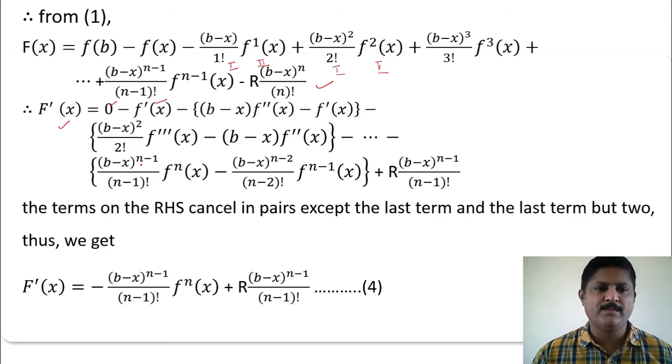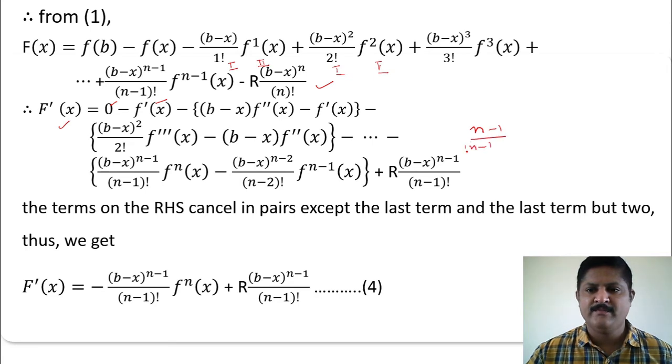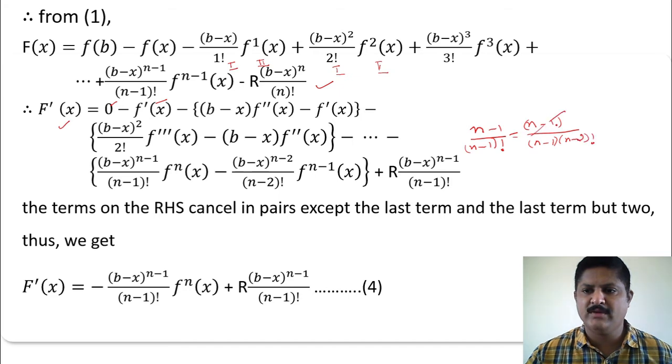Minus so on, minus the last term, here also apply the product rule, keep (b minus x) whole power n minus 1 divided by n minus 1 factorial as it is, differentiation of fn minus 1 of x is fn of x, minus the plus is there, plus keep fn minus 1 of x as it is, differentiation of (b minus x) whole power n minus 1 is n minus 1 into (b minus x) whole power n minus 2 into minus 1, plus into minus, minus. n minus 1 is in the numerator, cancel n minus 1, in the denominator we get n minus 2 factorial because n minus 1 divided by n minus 1 factorial can be expressed as n minus 1 divided by n minus 1 into n minus 2 factorial, n minus 1 gets cancelled, which becomes 1 divided by n minus 2 factorial.